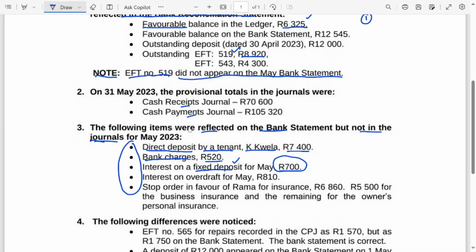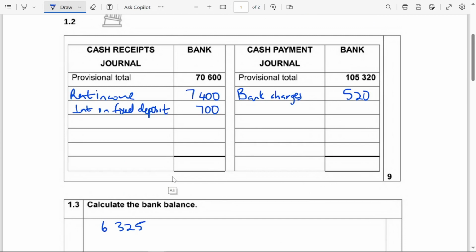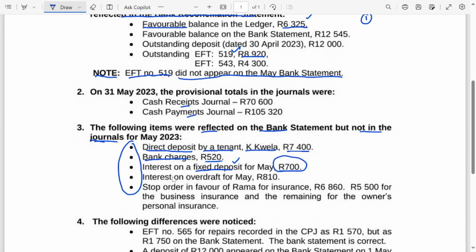And then interest on overdraft. Overdraft means that the business has used more money than it should in the bank. So now the business is owing the bank money. The business has a bank overdraft, so here the bank has charged us for using its money. So this is going to be the CPJ, 810.